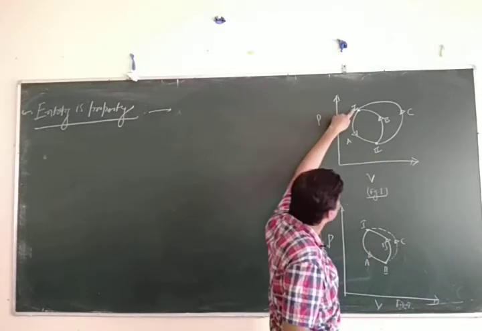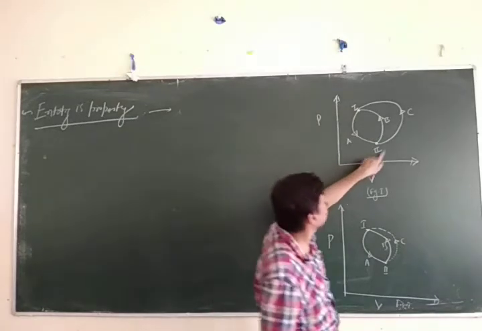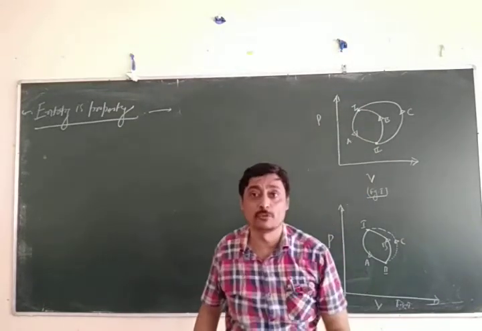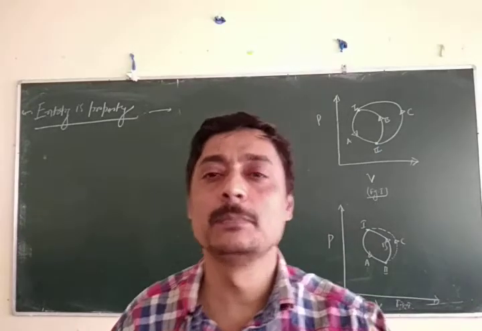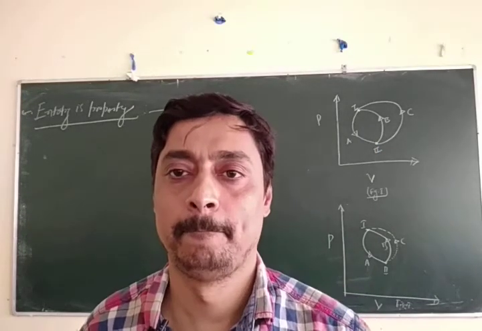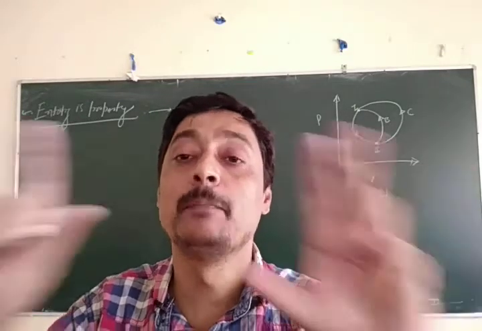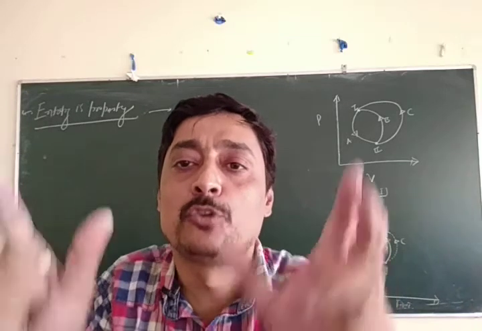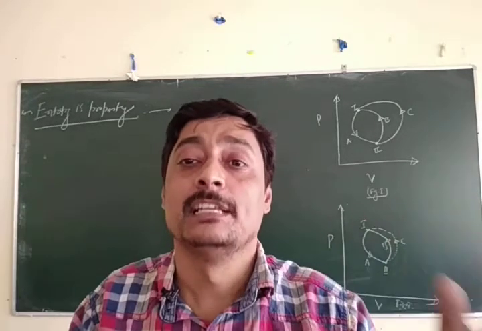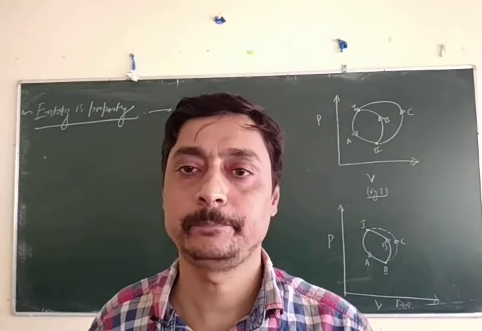Since 1A2 is a reversible process and 2C1 is again a reversible process, this whole cycle is called a reversible cyclic process.